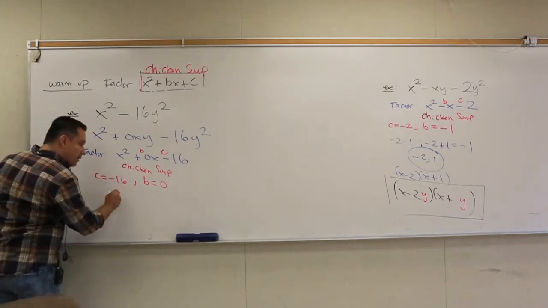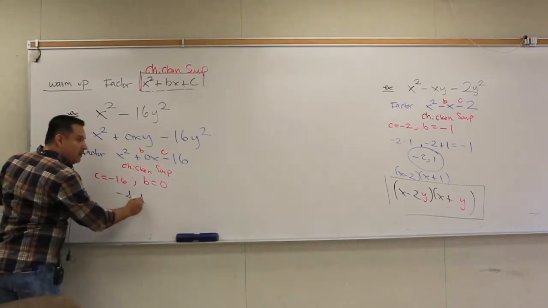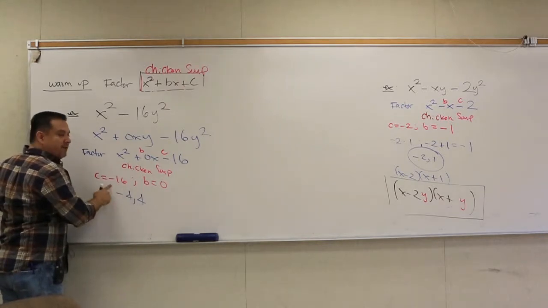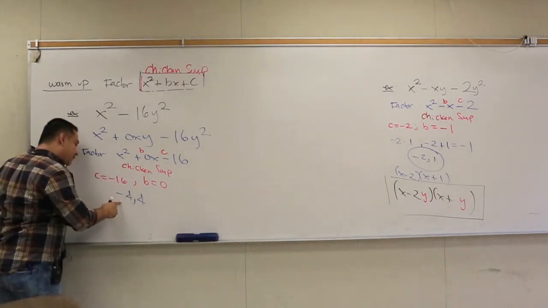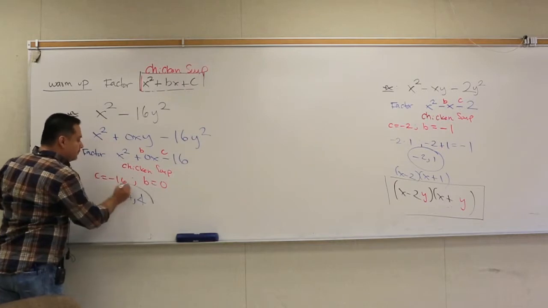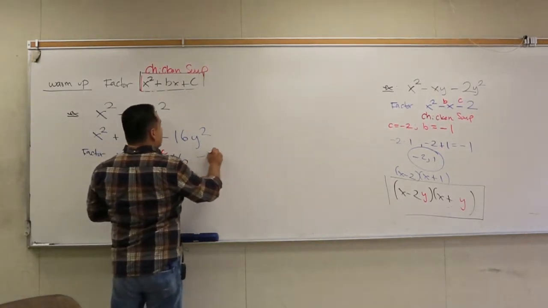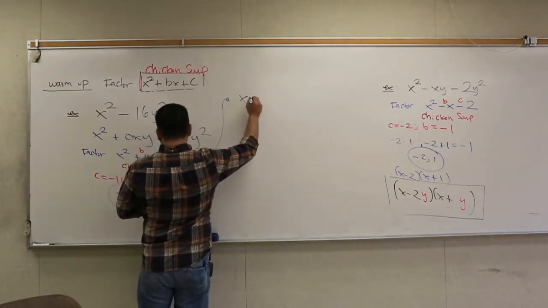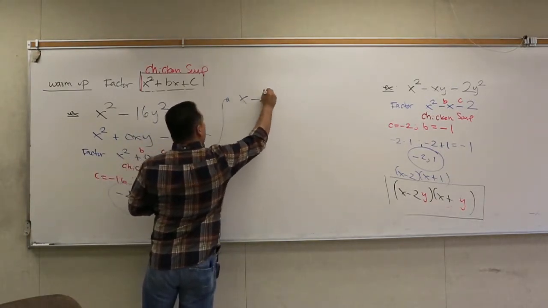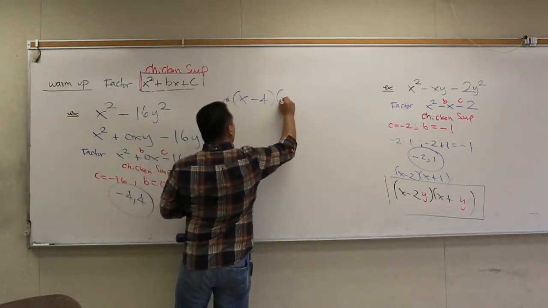Negative 4 and what? Is she right? It's negative 4 times 4, negative 16. What's negative 4 plus 4? So in blue, I know that this thing is factored as x minus 4 times x plus 4.